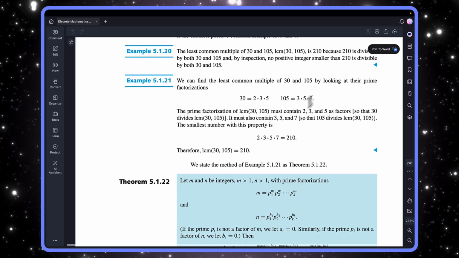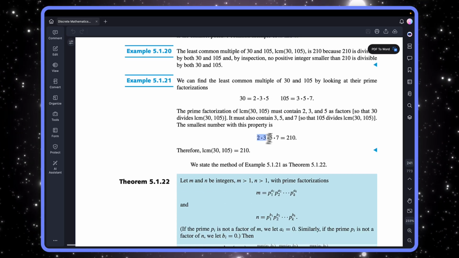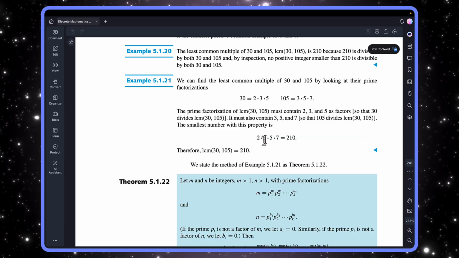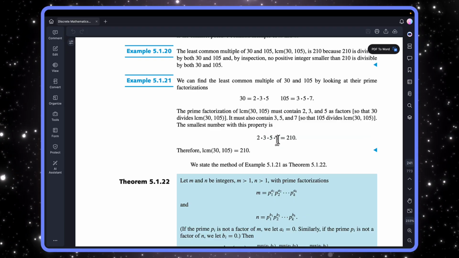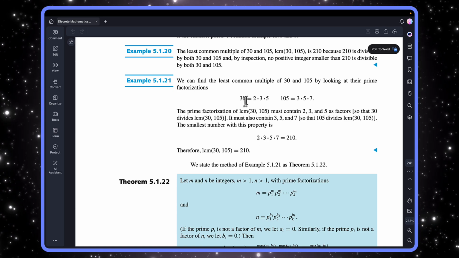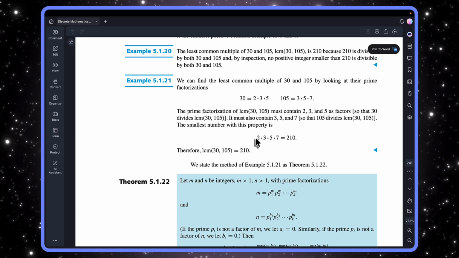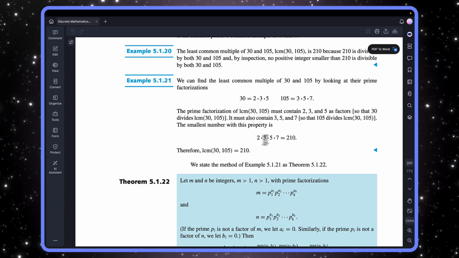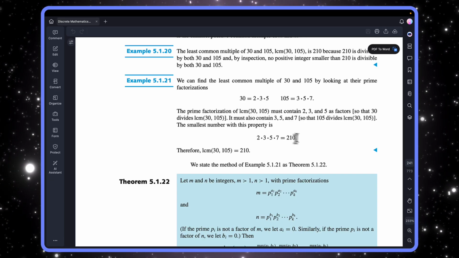We have to write down a number that lets you see that 30 is a divisor. 30 is sitting right here, it's 2 times 3 times 5, so 30 divides 210.